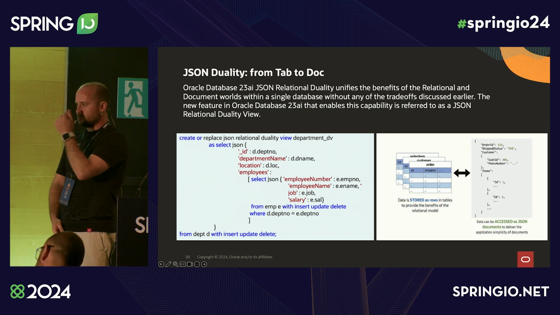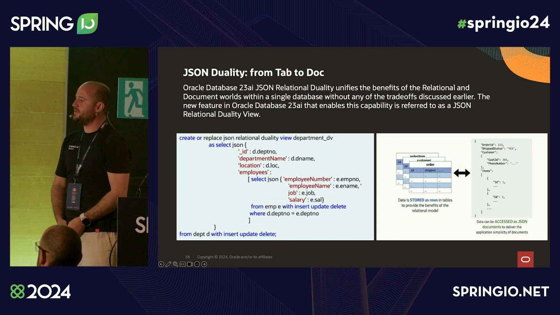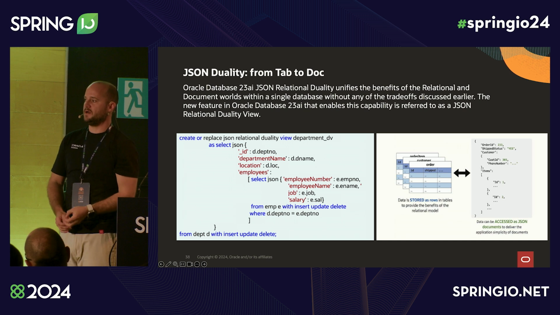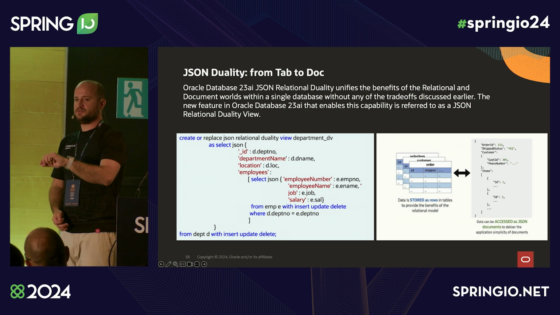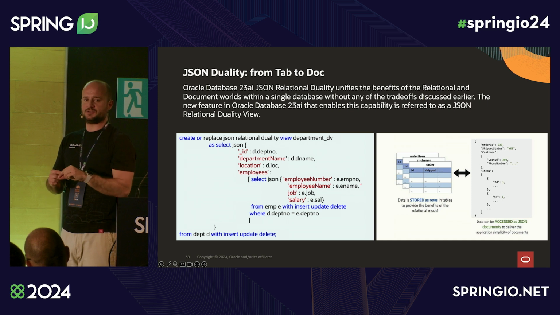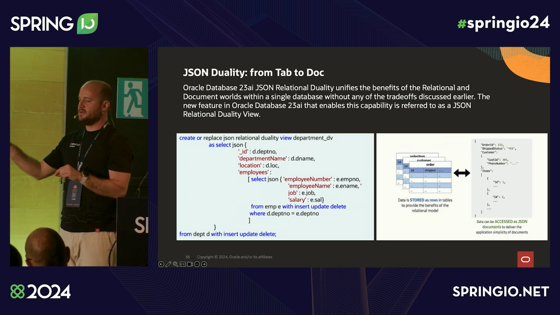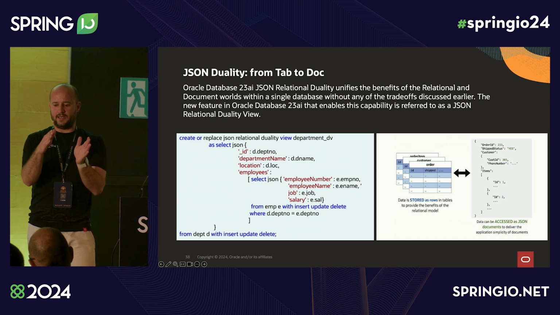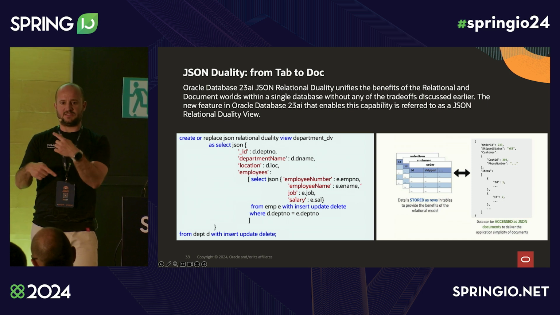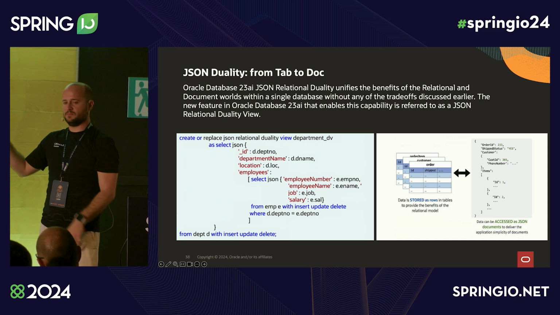Another thing that works in the same direction, and is usually interesting, is if you have a Mongo application, you don't have to change the code, you just have to change the connection string and point to the Oracle database. The Oracle database will understand the Mongo protocol and make the translation into the JSON view.